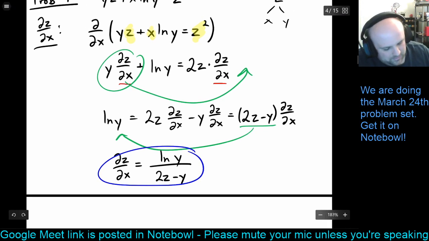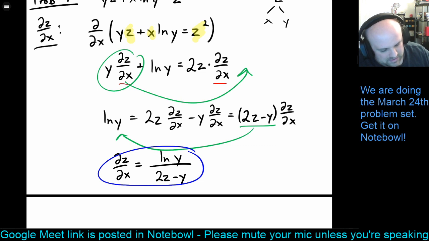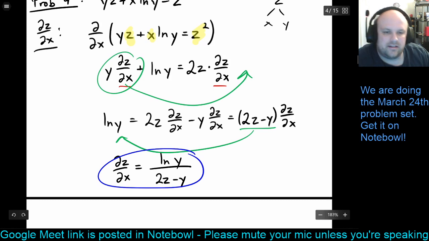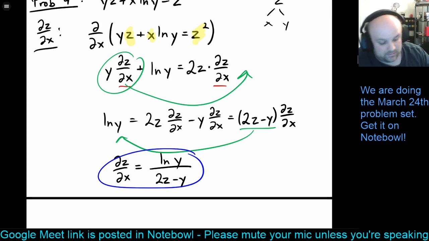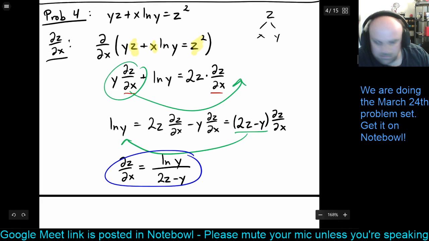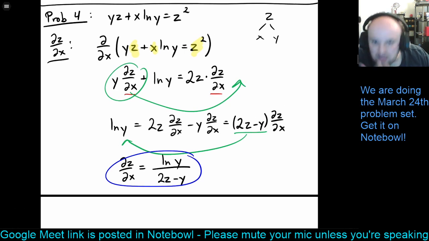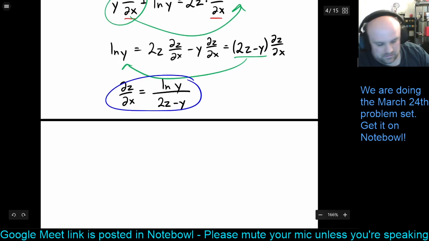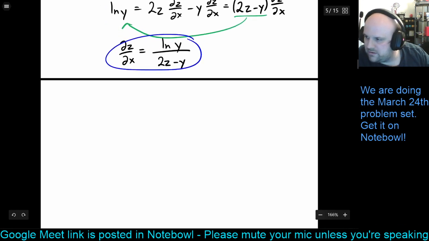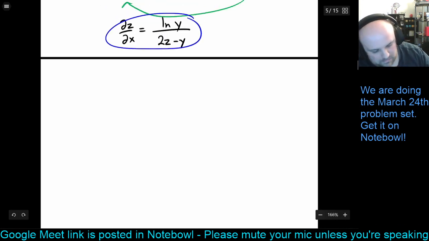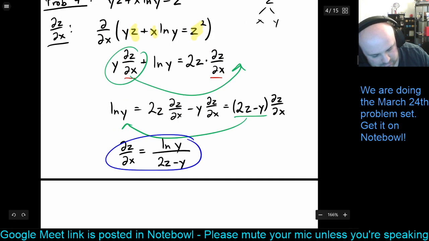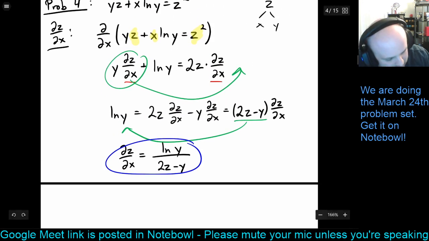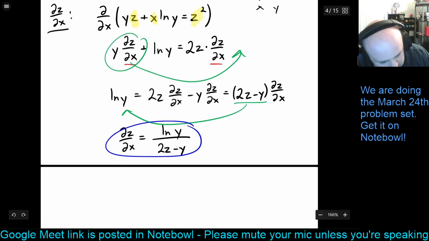Okay. So now that we got that part, let's see how this happens again with the y derivative, right? So we do this with the y derivative. I need to rewrite this so I can actually see it.